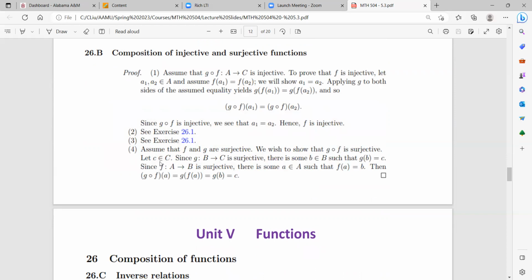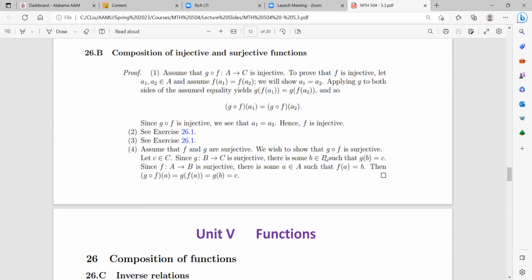if you pick up any element C in set C, and G is from B to C, then there's an element B in set B such that G of B is equal to C, because G is surjective, right? And for the same reason, because F is surjective, so these are given. F and G are surjective, are given. Okay.